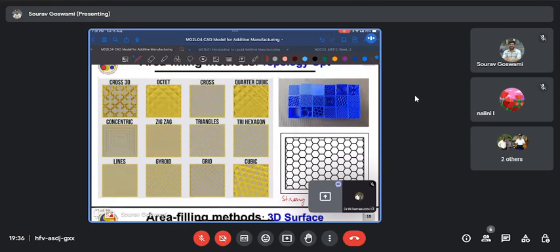And there are certain others like gyroid. Gyroid is very commonly used in biomedical applications. And of course, we have the triangles, trihexagon, cross 3D, and others. Swash also.